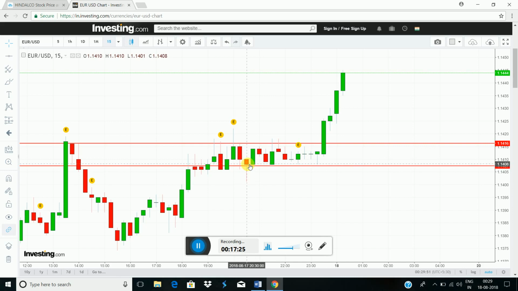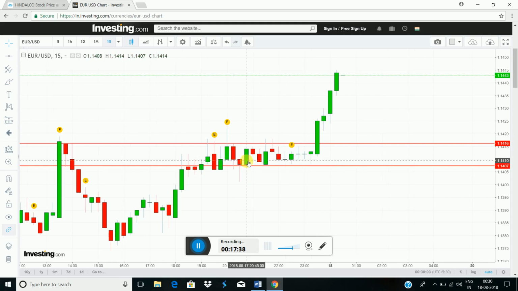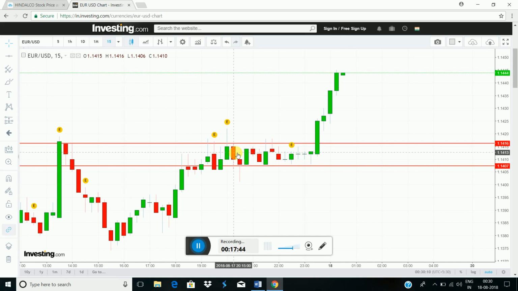That is being confirmed in this hammer. So what is happening? Guys, understand, in these two candles which we discussed, what happened?